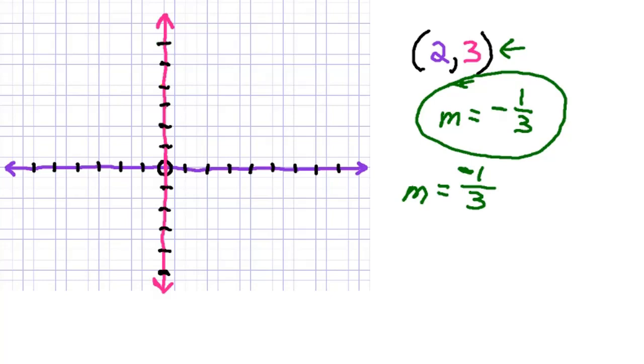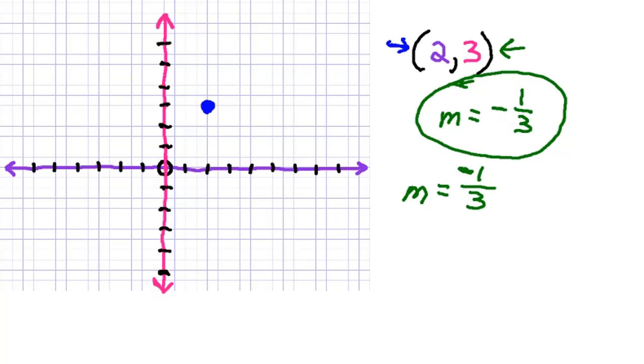So let's go ahead and graph this point. So our point is 2 and 3. So that's a positive 2 for the x value and a positive 3 for the y value. So here's our point. And now we want to use the slope to graph a straight line. So as I said, I'm going to just attach the negative to the top number of the slope, the negative 1.